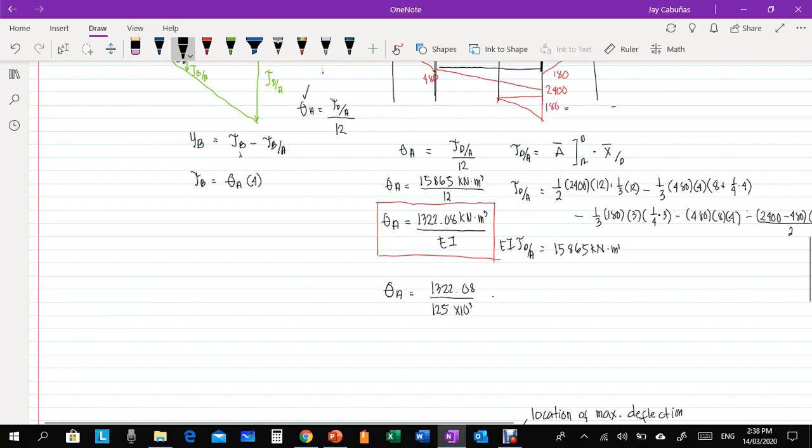So the result is 0.0106 in radian. Okay, so this is the final answer.